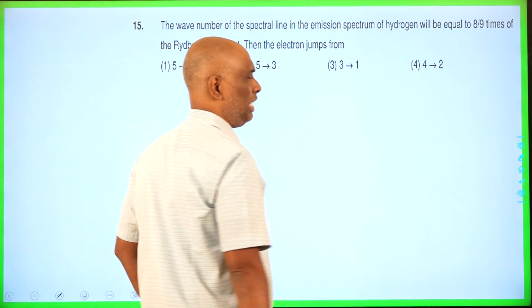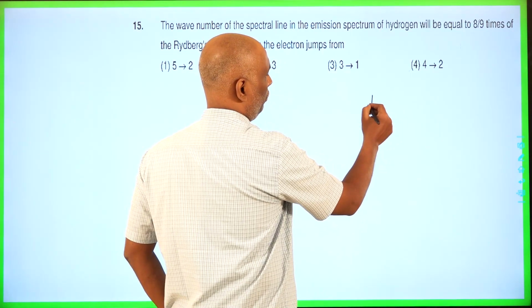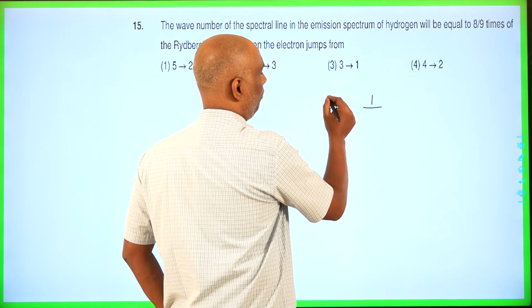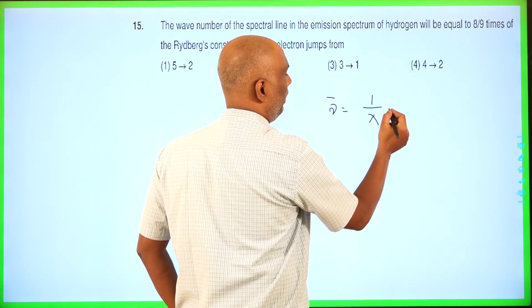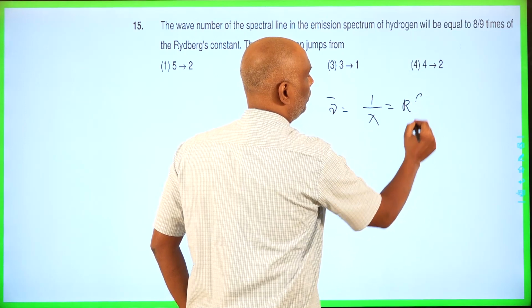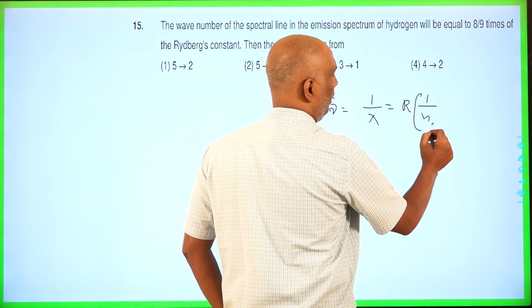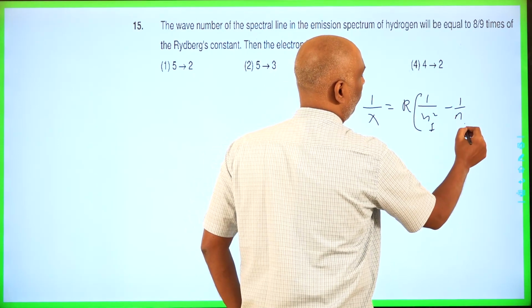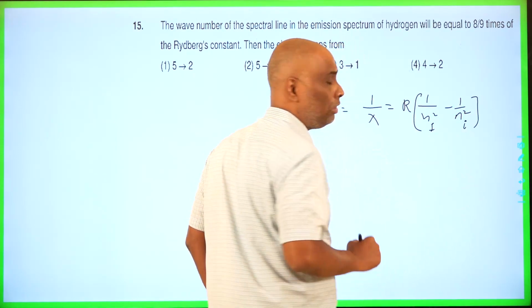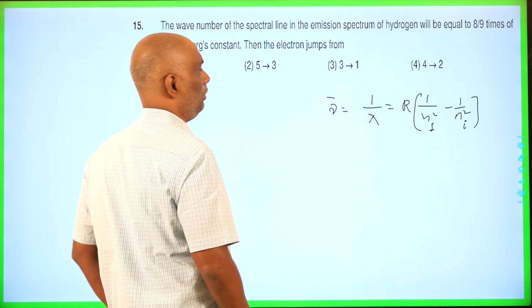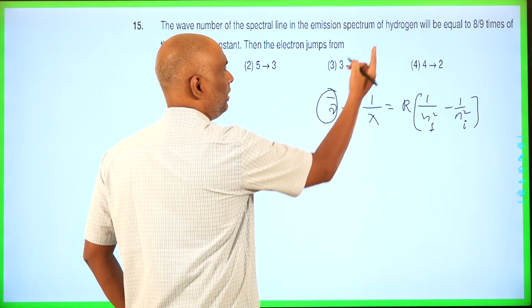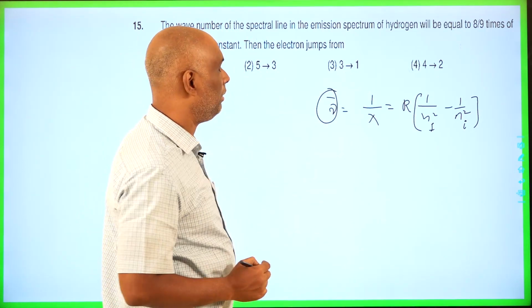We know that the equation which gives the wave number is nu bar equals 1 divided by lambda equals R into 1 divided by nf square minus 1 divided by ni square. According to the question, this wave number is 8 by 9 times the Rydberg constant.